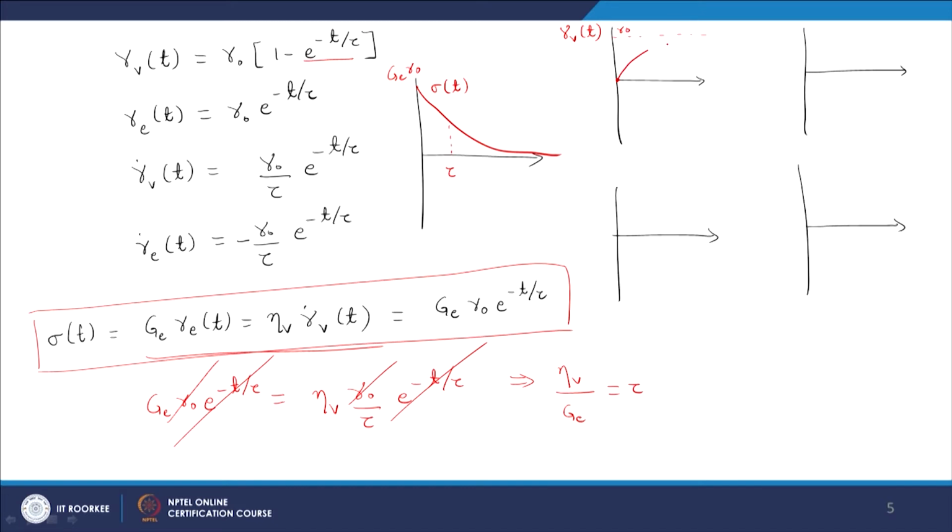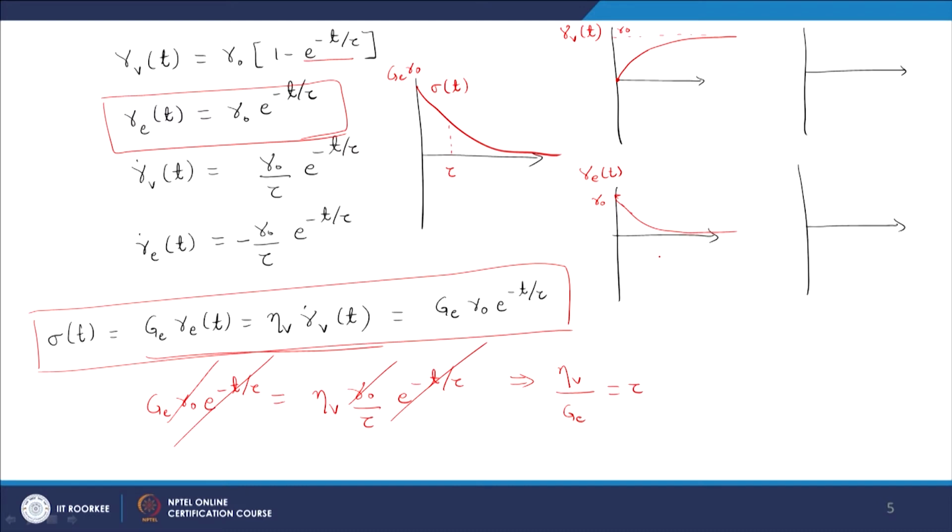This essentially will show a behavior like this. Gamma E(t), on the other hand, will start from gamma naught and then it will decay to 0.